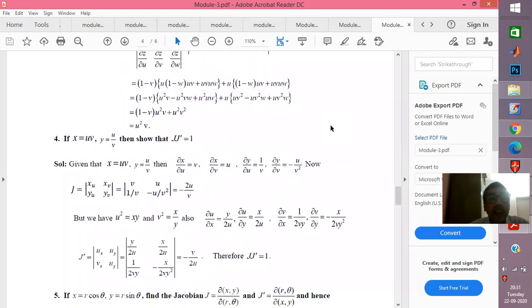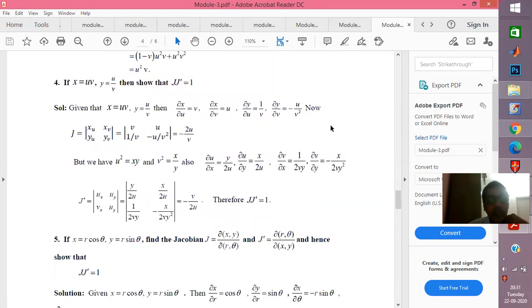Problem number 4 has been selected to establish the J into J dash is equal to 1 inverse law. So x and y are functions of u and v, therefore you can find out J, which gives us 2u by v. But in order to find out J dash, you have to do some reverse engineering and transform the given equations to express u and v in terms of x and y, and that has been shown in detail.